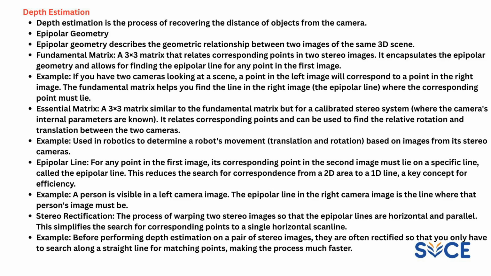So what do we do? We rectify these images, warp them so that all the epipolar lines become horizontal and parallel. Now instead of scanning a slanted line, you just scan along the horizontal row. This makes the depth estimation algorithm much faster and more robust.